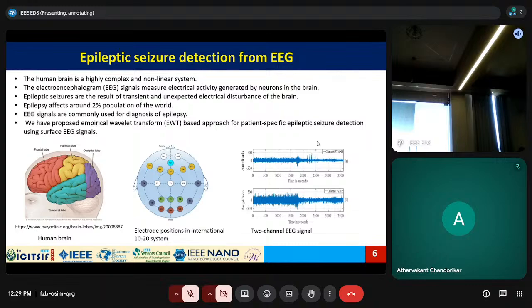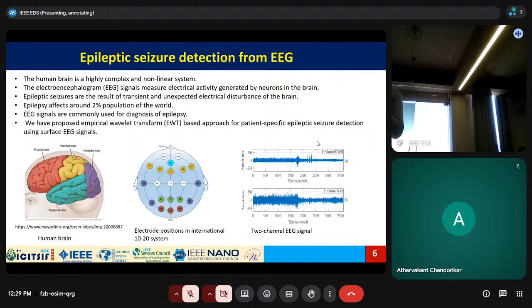So here you can see the human brain. It has 4 major lobes: temporal, frontal, parietal, occipital. Whatever you do, directly or indirectly, everything is associated with or affecting one of the regions. So EEG is such a powerful signal that whatever happens in the body, the effect can be seen in one of the regions.